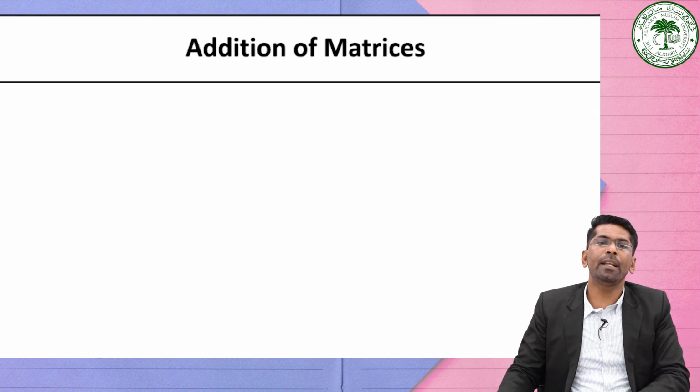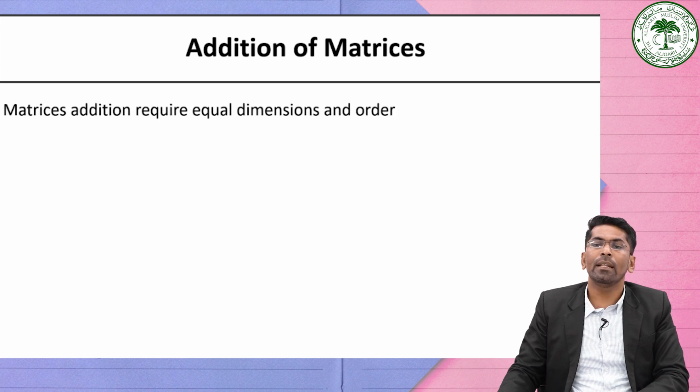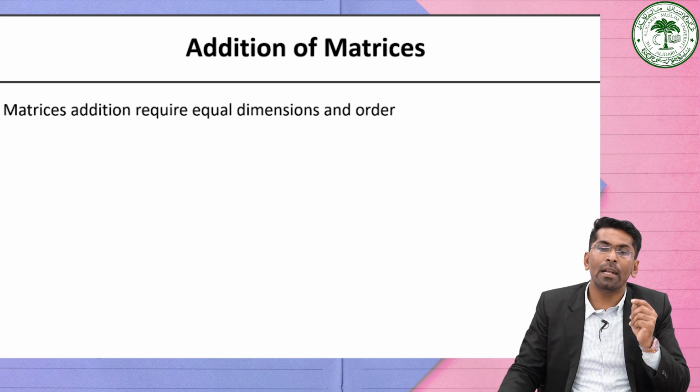See here, addition of matrices. Matrix addition is a fundamental operation in general linear algebra. If we have two matrices, for example matrix A and matrix B, then the addition of the two matrices, that means A plus B, requires that the matrices be of equal dimension and order.